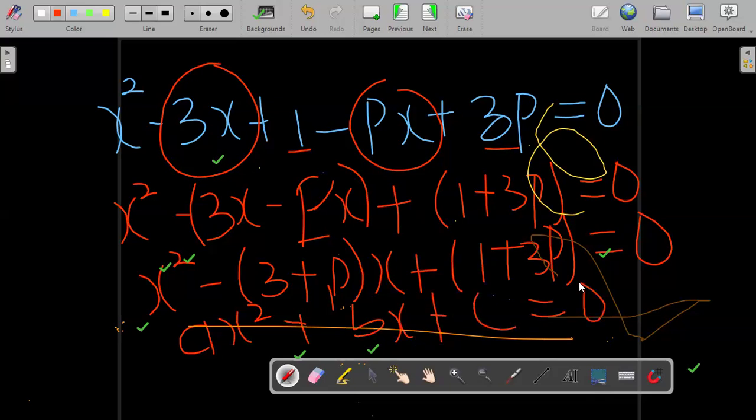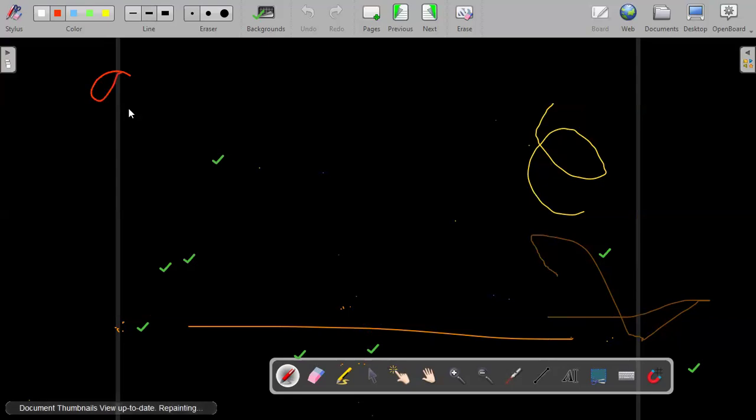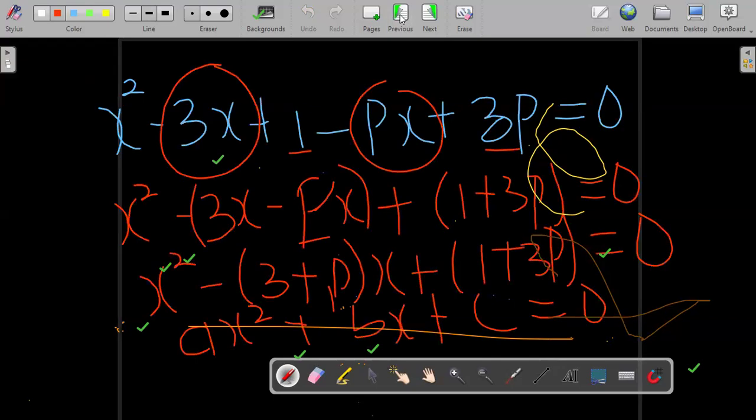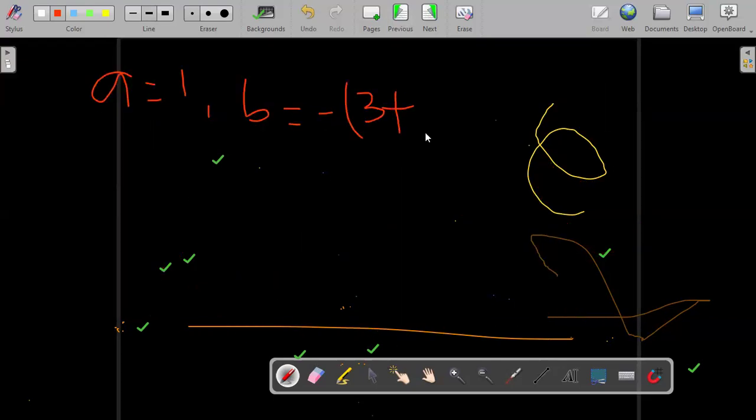So if I compare now, my a is 1, my b is minus into 3 plus p, and my c is 1 plus 3p.